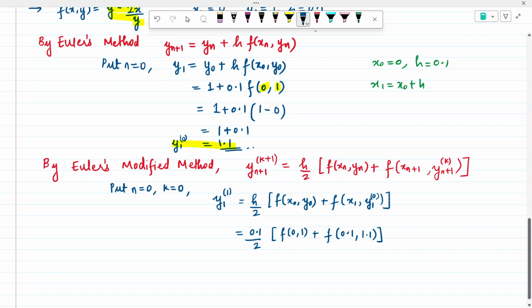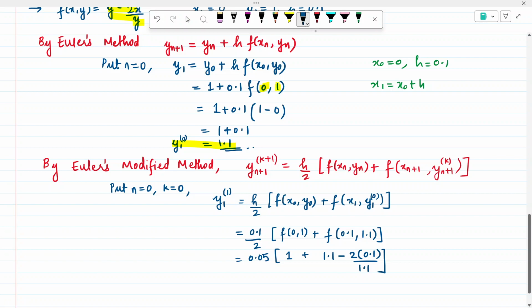So let's start substituting the values. So I'll get 0.05 when you divide by 2. This, if I substitute in the function, y minus 2x divided by y, I'll get a 1. Plus, इसको जब substitute करोगे तो आपको मिलेगा 1.1 minus 2 times 0.1 divided by 1.1.